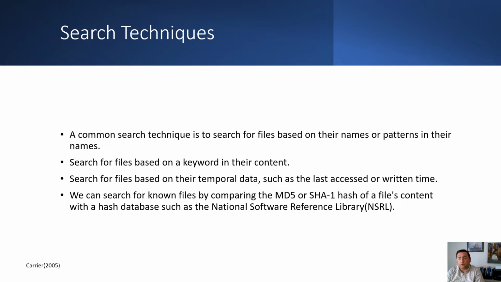And we can search for known files by comparing the MD5 and SHA1 hash of a file's content with a hash database, such as the National Software Reference Library. So you have a lot of available tools to search the files, and the MD5 or SHA1 hash specifically identifies the file, so you can easily find a matching file using the MD5 or SHA1 hash algorithm.